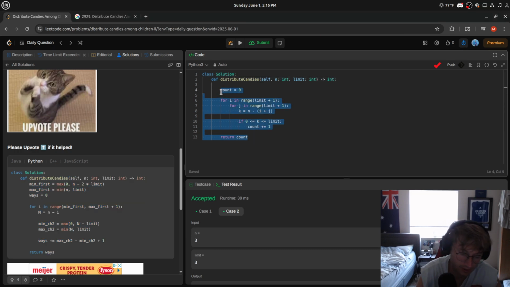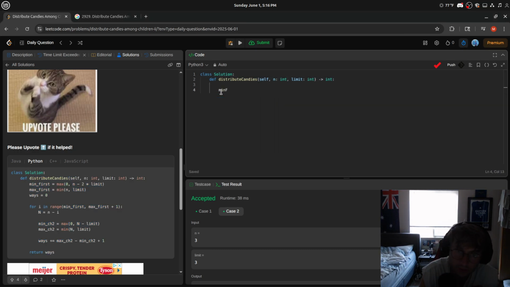Okay, so we count min first. Min first is equal to the max of 0, n minus 2, n minus 2 being that we have 2 other people to give candies to. And then we times that by limit, right? And then we have our max first, which is equal to the min of n and limit.